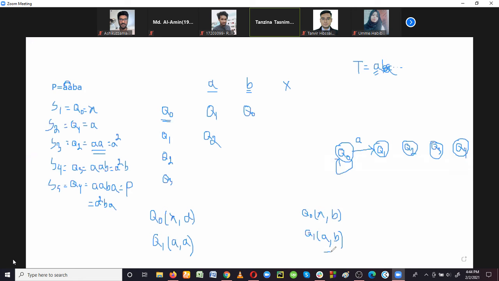Now there will be two elements, A and B, but we don't have any state with characters A and B. If we ignore the first element A, there is one element B, but we still don't have any state with one character B. That's why Q1 will move backward to Q0, because after eliminating these two characters, no character is left and the state is empty.